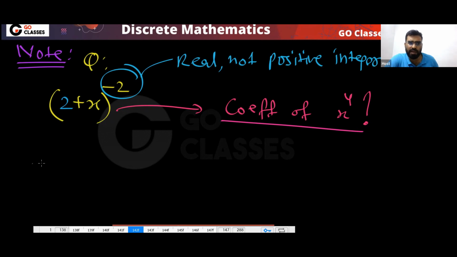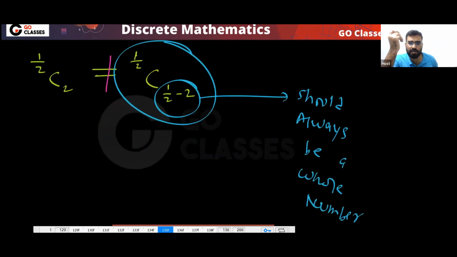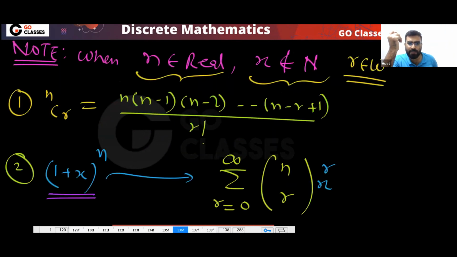So when you are dealing with a real number, what do we have? We don't have (a plus b) power n. Please remember, we don't have this (a plus b) power n.